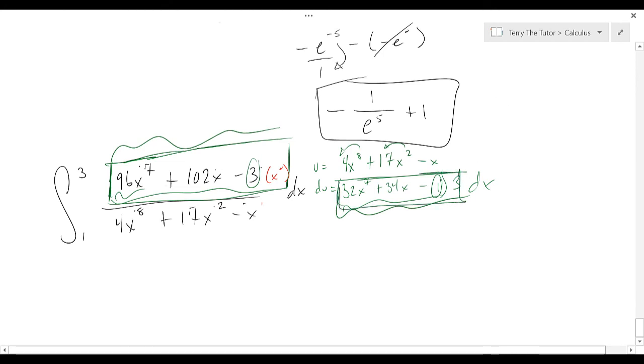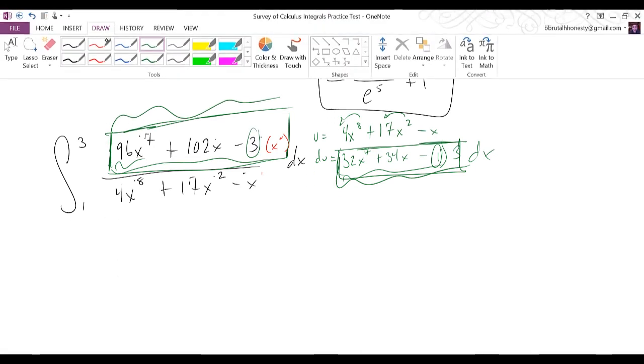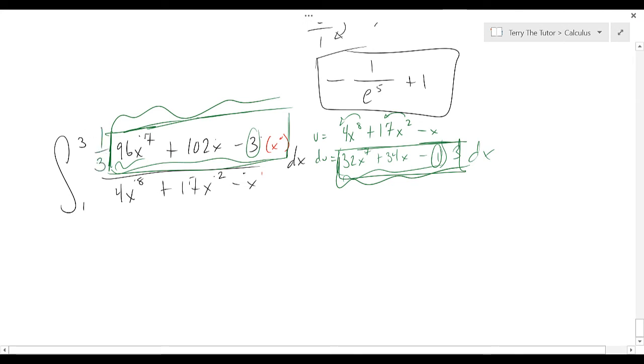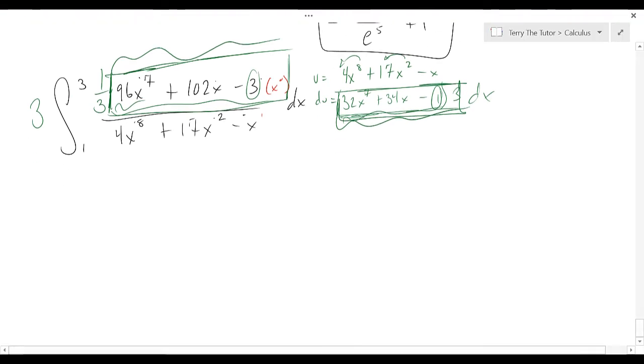In order to make this one match up with that one, I have to multiply everything by 1/3. So I'm going to place a 1/3 right here. And if I place a 1/3 there, then I have to put a 3 on the outside to balance it. Now that it's balanced, that is now du, and this is u.